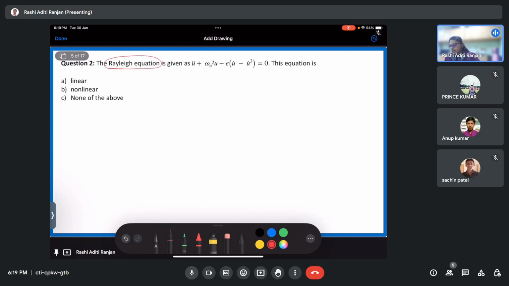As Dwivedi sir has discussed about 4 to 5 nonlinear equations, one among them is the Rayleigh equation, whose equation of motion is given in this form. So the question is that the Rayleigh equation is given as this. This equation is linear, nonlinear, none of the above. So how do I know whether this equation is linear or nonlinear?